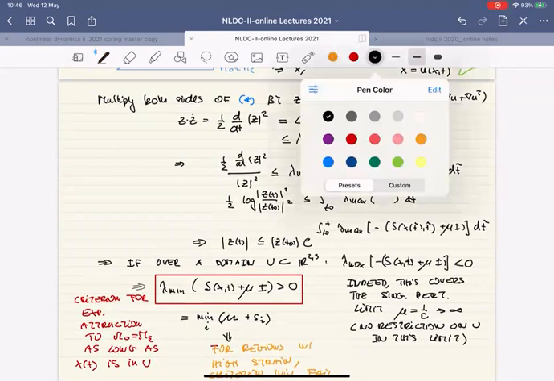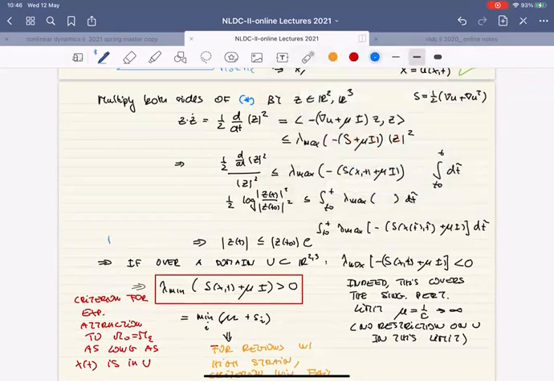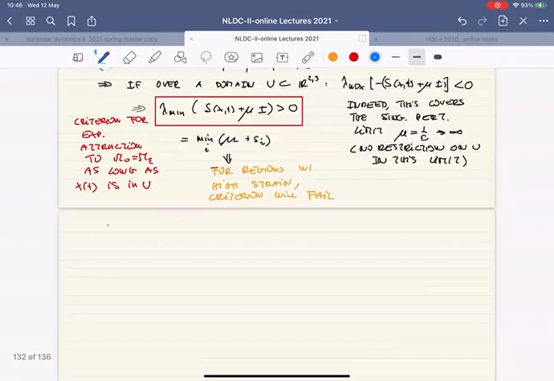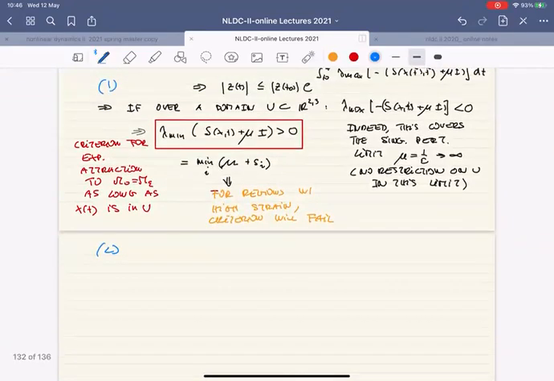This estimate is geared towards giving upper bounds on growth, and it works when it's negative. It works anyway, but it's meaningful when that upper bound is negative. But there was the other one, which I also did for linear systems, that you can do a lower estimate. And that becomes interesting when you talk about instabilities, because then you can guarantee a lower bound, which if it then grows, then you have instability.